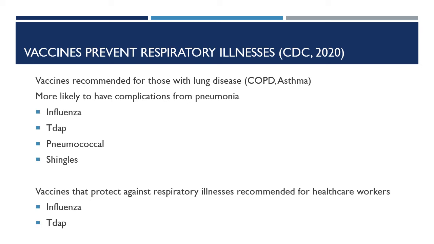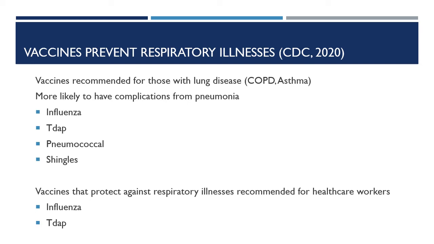A Tdap, because there's diphtheria vaccine, and pertussis, which is whooping cough, which can really flare up COPD. A pneumococcal vaccine, which protects against certain strains of pneumococcal pneumonia, and as well a shingles vaccine.